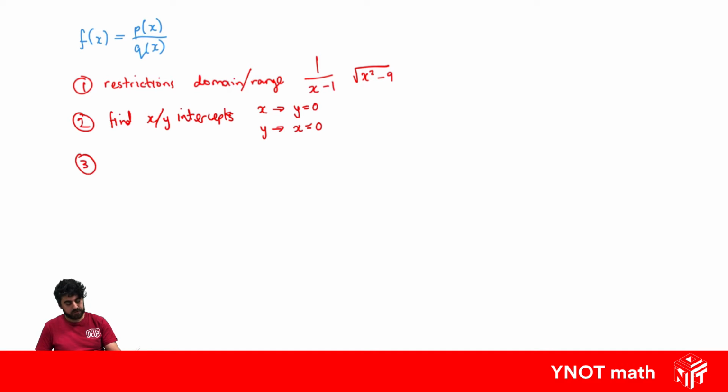The third thing we can do is to find any stationary points and determine their nature. Another thing we can do is to find any other asymptotes that there might be that we haven't accounted for with step number 1.